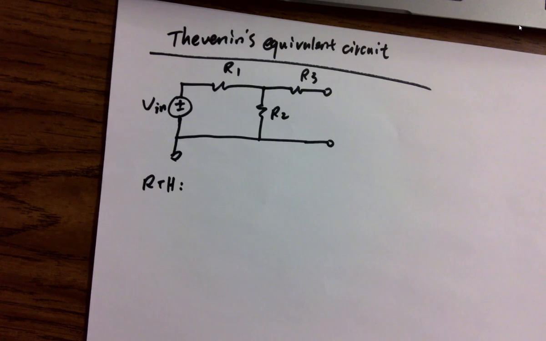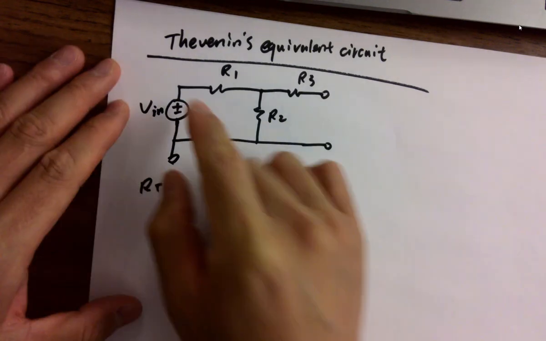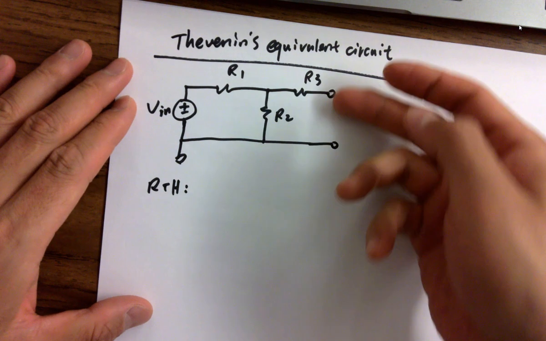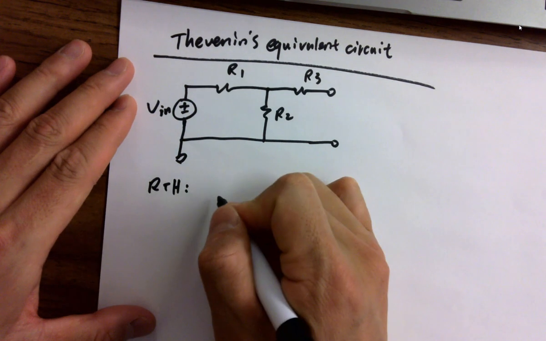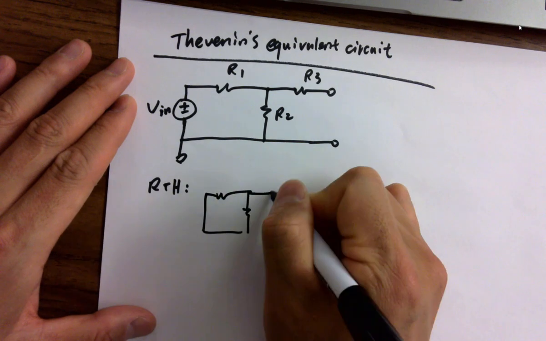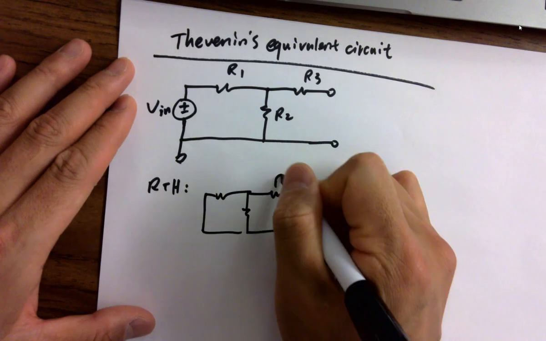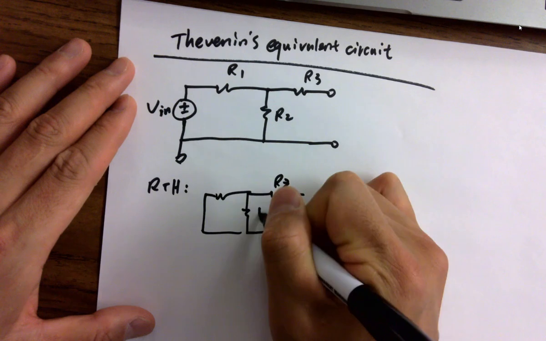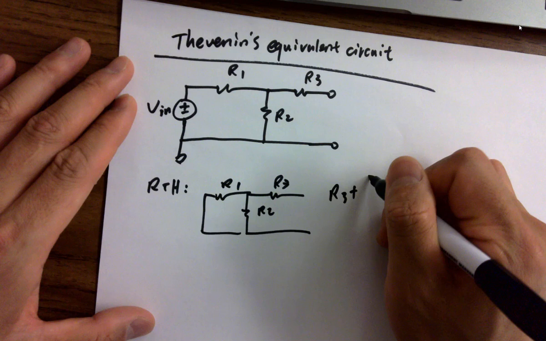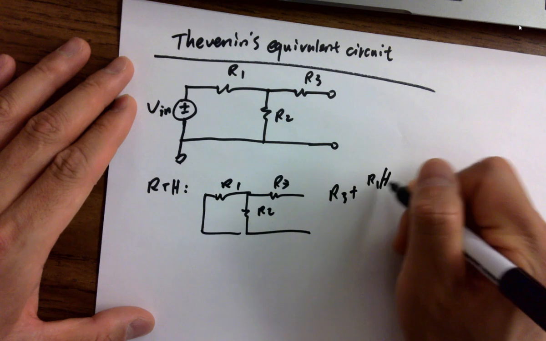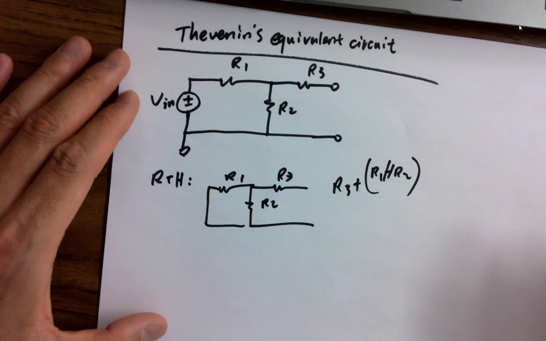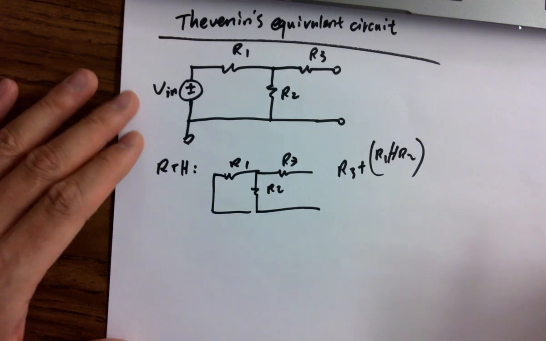So in that case, we can treat this as a wire, just looking at the resistor network. Looking backwards is R3 plus R1 in parallel with R2. What about VTH?